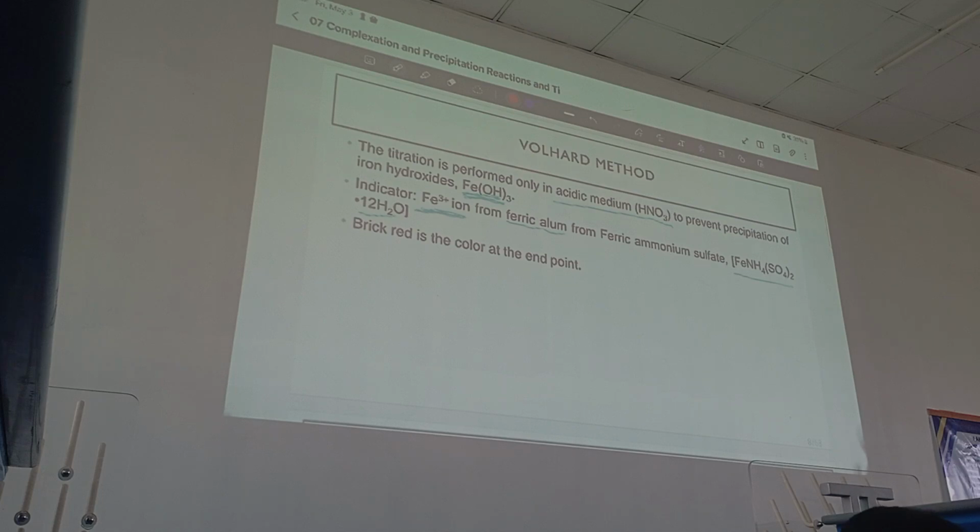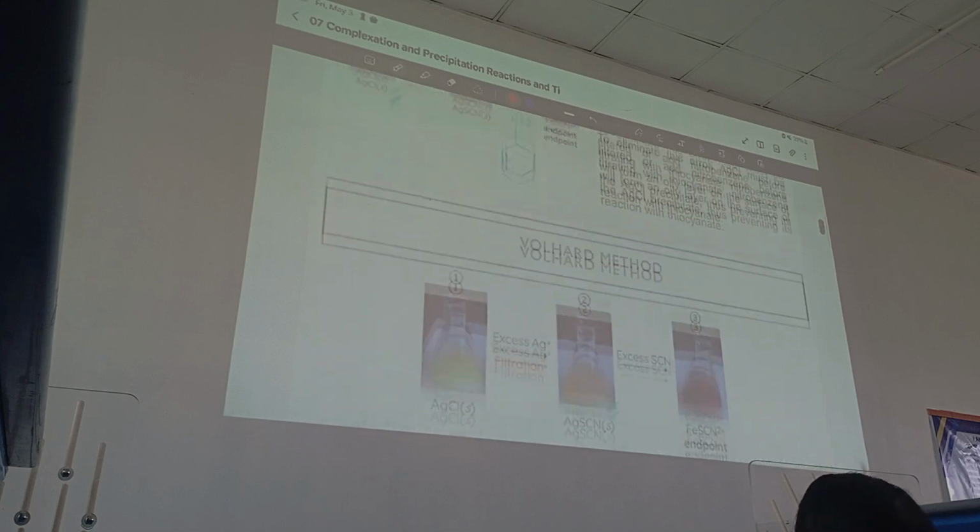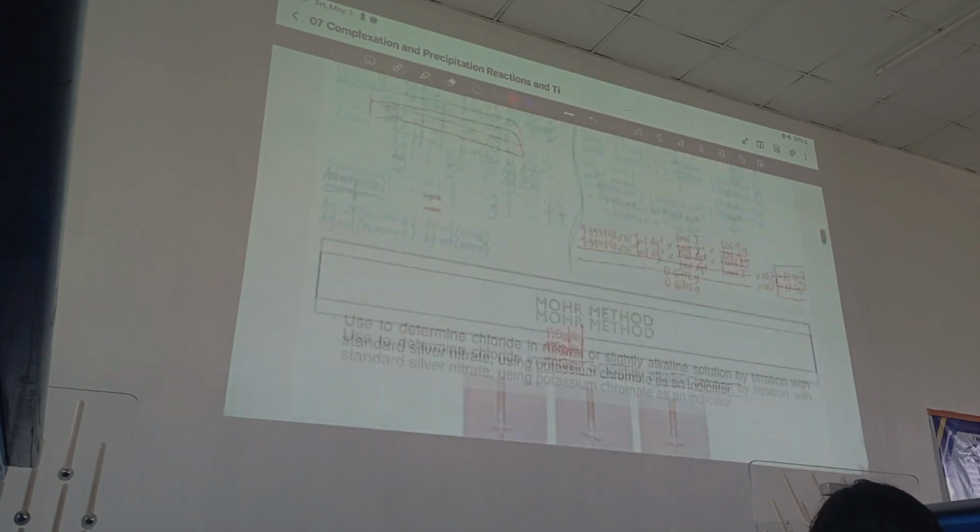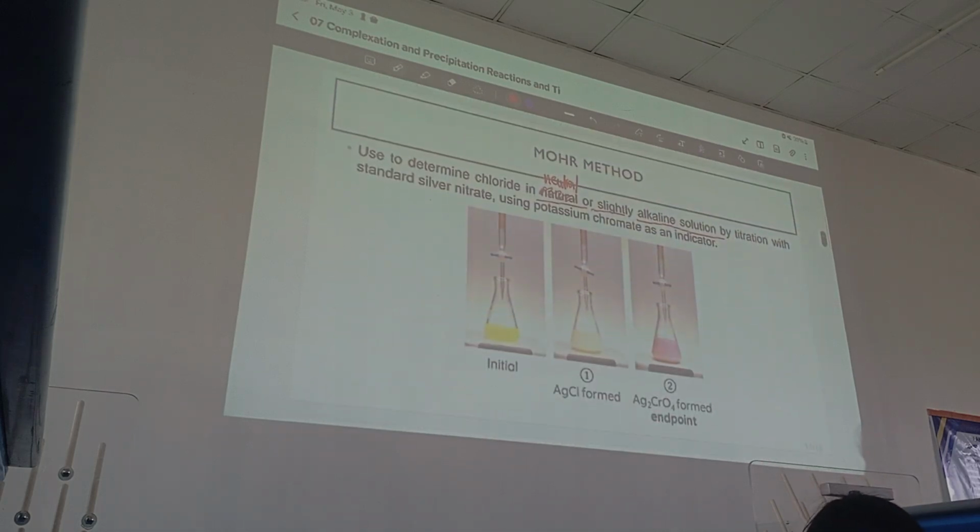Ang indicator ni Volhard is iron 3. Unsa ang indicator ni Mohr? Potassium chromate, or technically chromate lang, that is CrO4 2-. Take note ang difference nila.